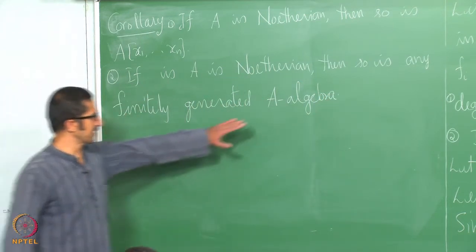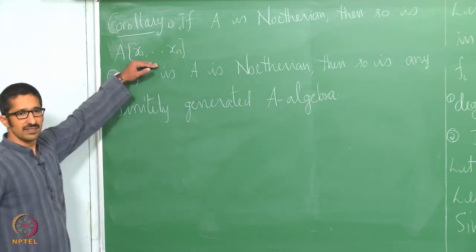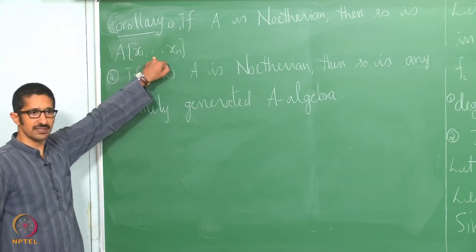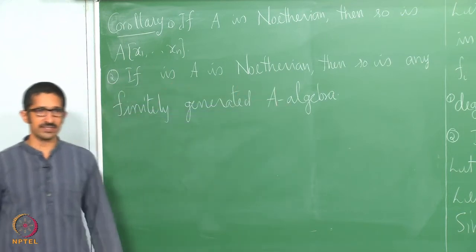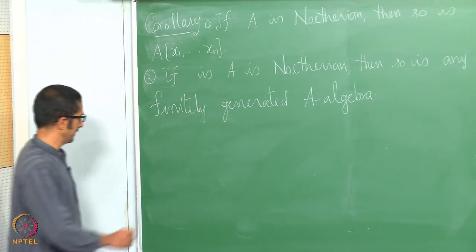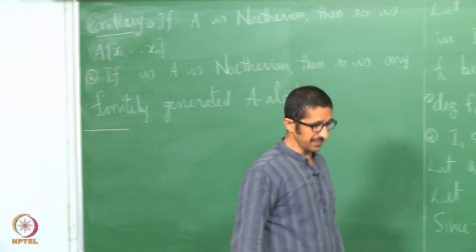How does any finitely generated A-algebra look? It is a quotient of A[x1, ..., xn]. So if A is Noetherian, this polynomial ring is Noetherian, therefore any quotient is Noetherian, therefore any finitely generated A-algebra is Noetherian.